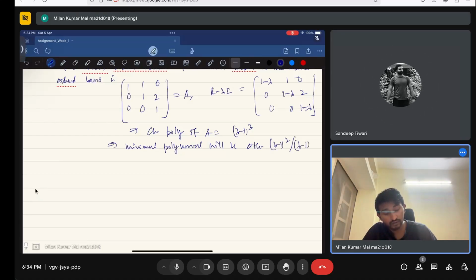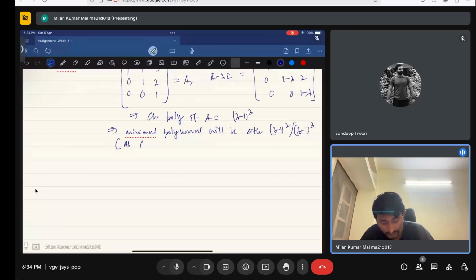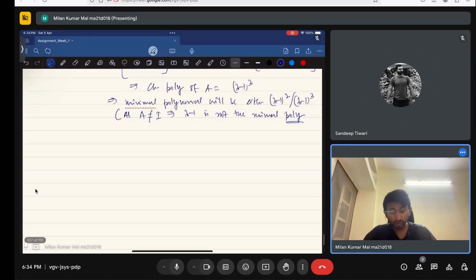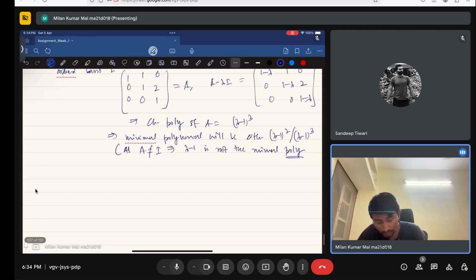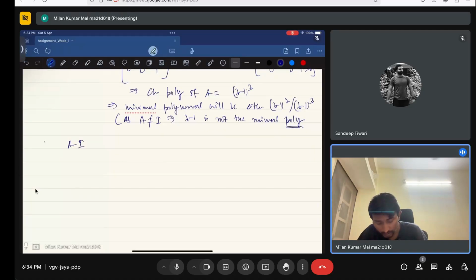That's true, because A is not equal to the identity, which implies lambda minus 1 is not the minimal polynomial. So one can directly do one thing: let's write A minus the identity.